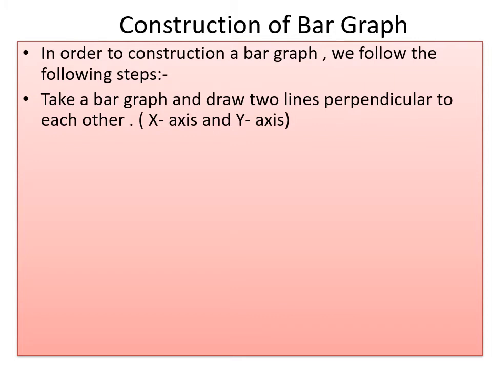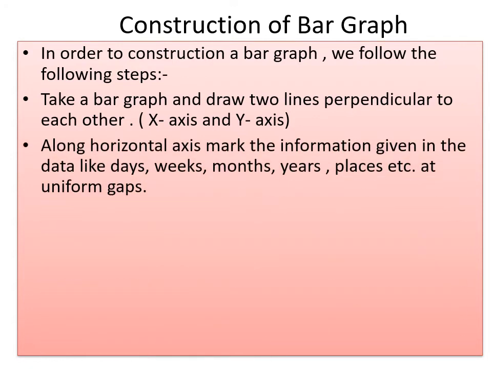Now in order to construct a bar graph, we follow these steps. Take a graph paper and draw two lines perpendicular to each other. You are aware of how to draw the lines. One line, the horizontal line, is called the x-axis, and the vertical line is called the y-axis. Both the lines meet at a point, which is known as the origin, and we denote it by 0.